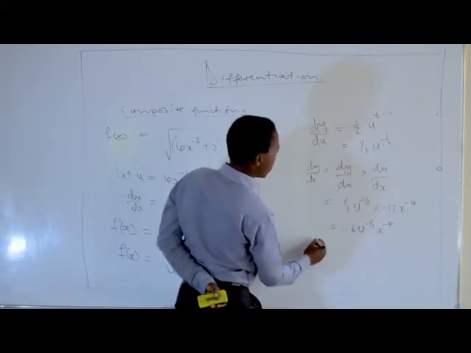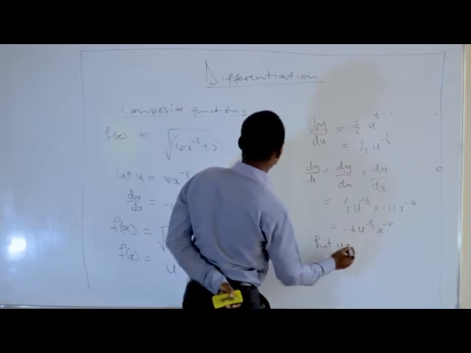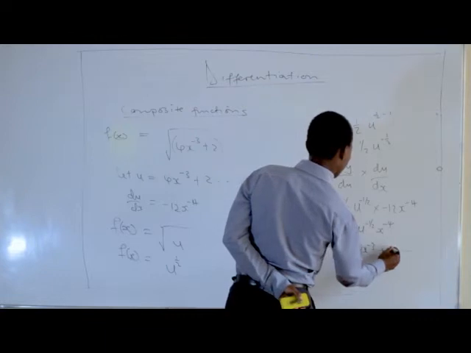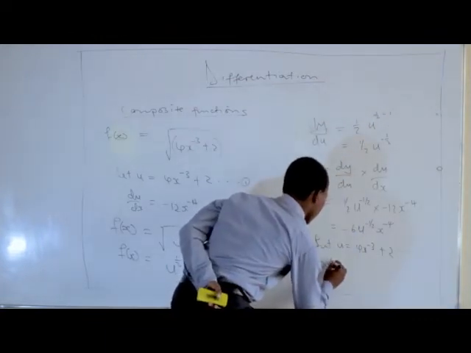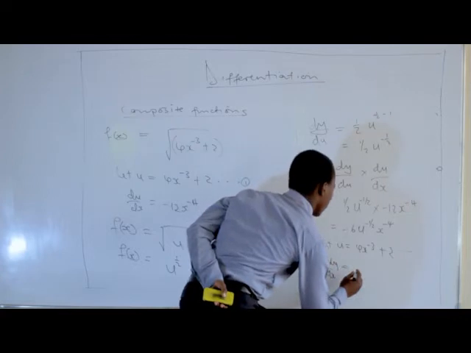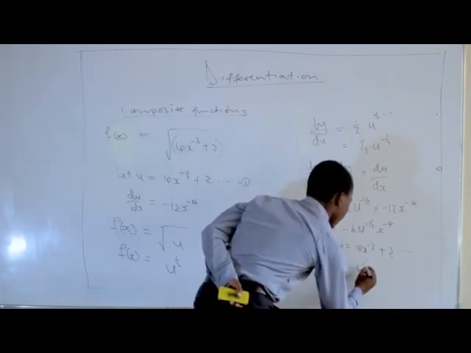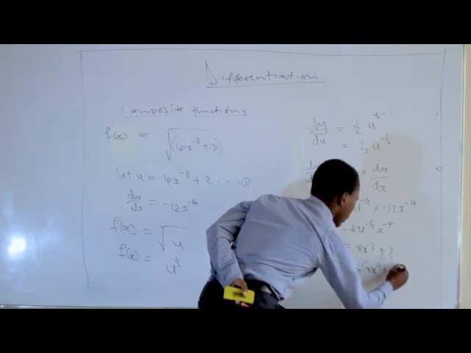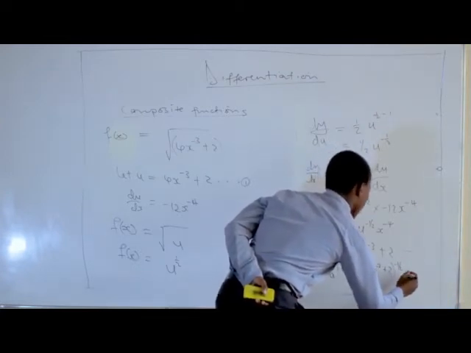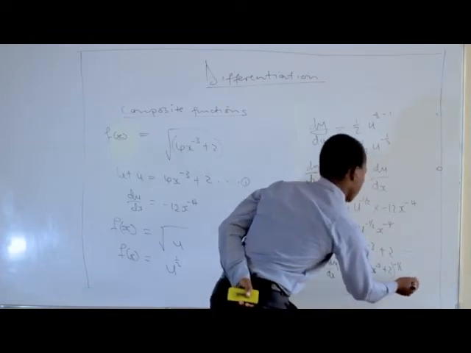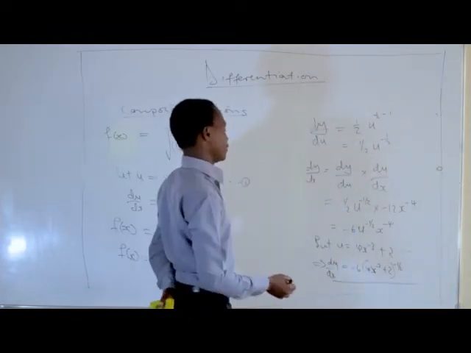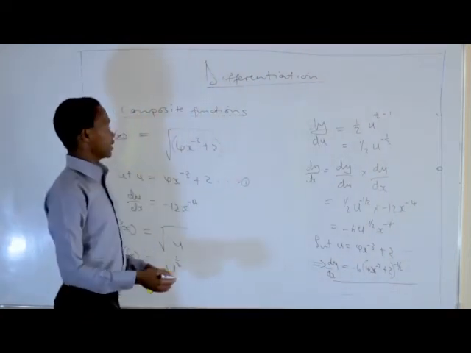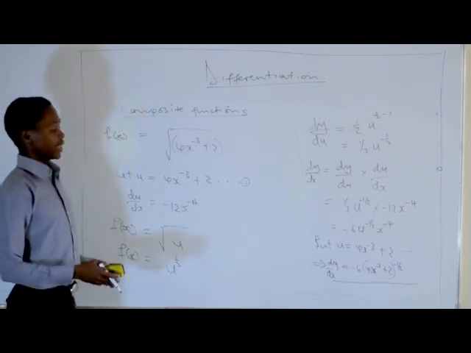But u is equal to 4x to the power minus 3 plus 2. So this implies that dy/dx is now equal to minus 6 (4x to the power minus 3 plus 2) all raised to the power minus half, times x to the power minus 4. So this is the final answer. This is the gradient function for this function. We've differentiated this composite function with respect to x.